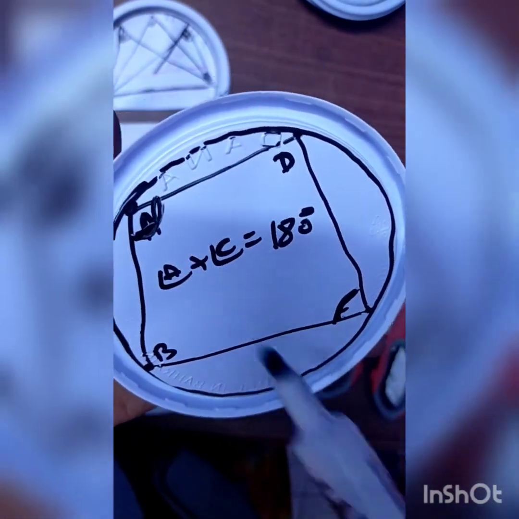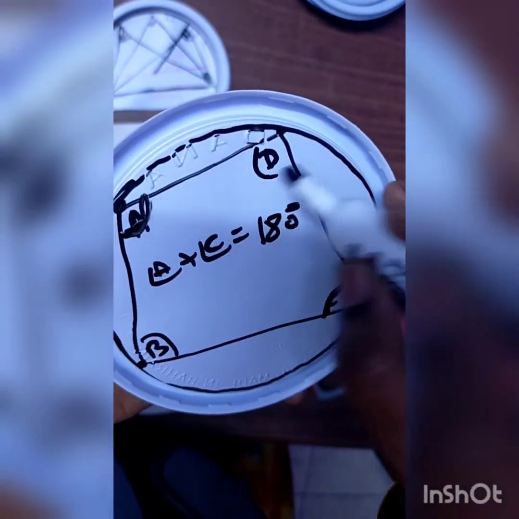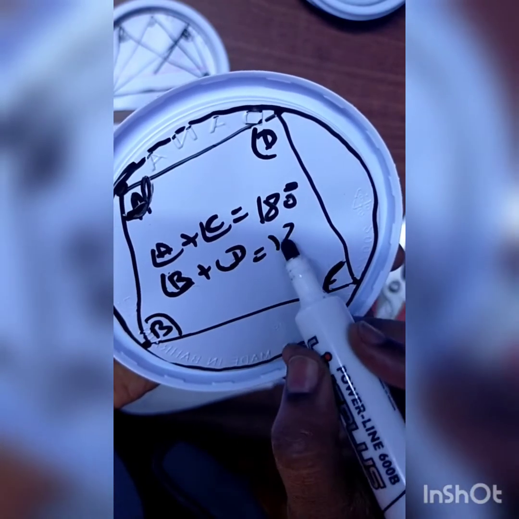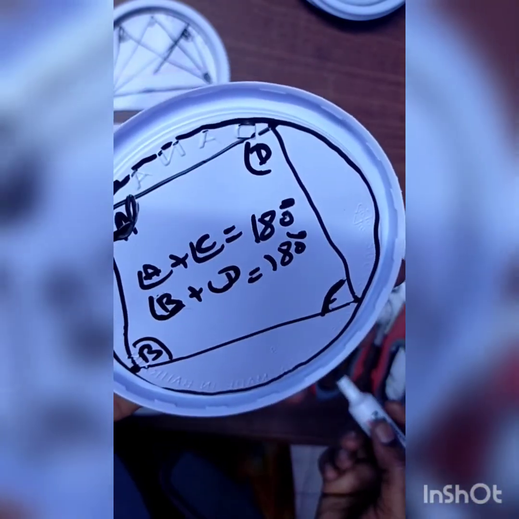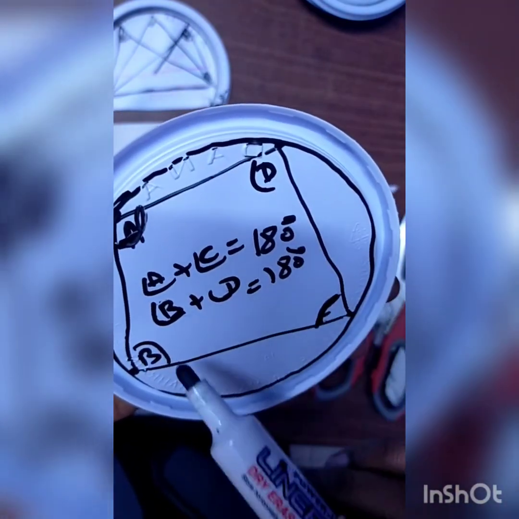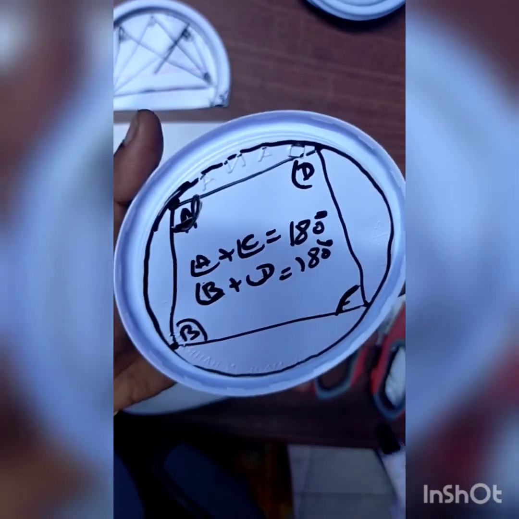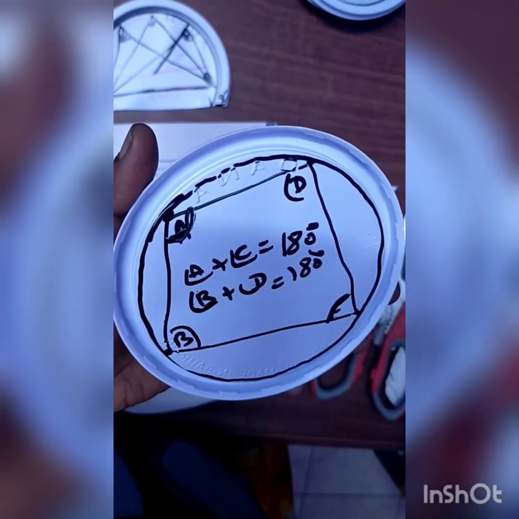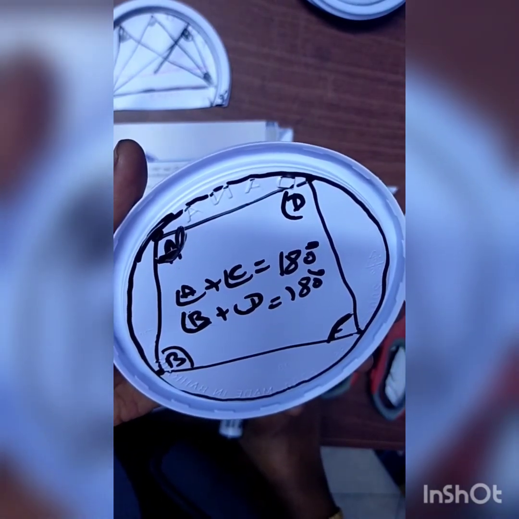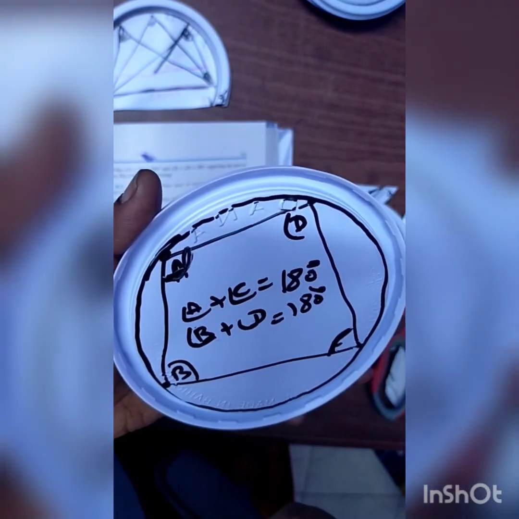The sum of either pair of opposite angles of the cyclic quadrilateral is 180 degree. Or we can say, if the sum of the pair of opposite angles is 180 degree, then the given quadrilateral is a cyclic quadrilateral. Okay children, this is a very important theorem.